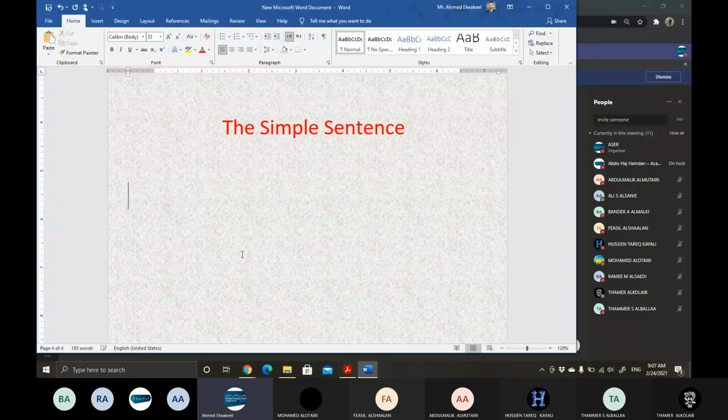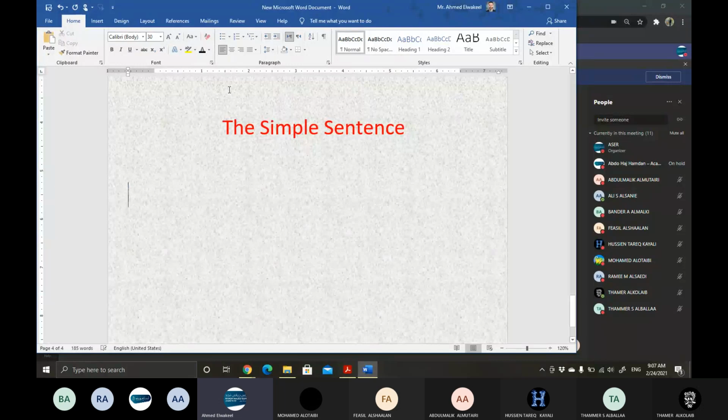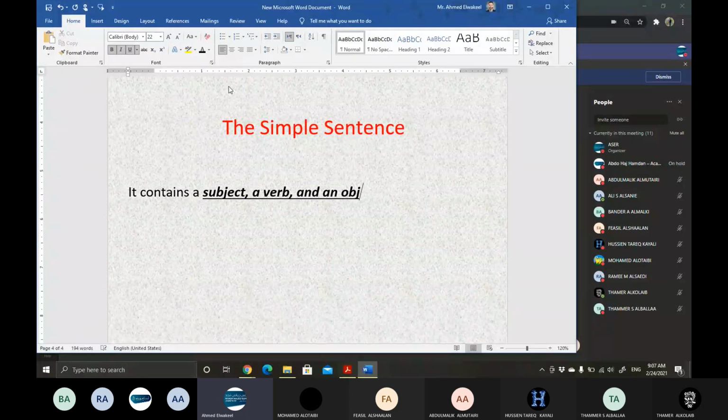And to speak about the simple sentence, we need to know that first it contains, number one, a subject, a verb, and an object.